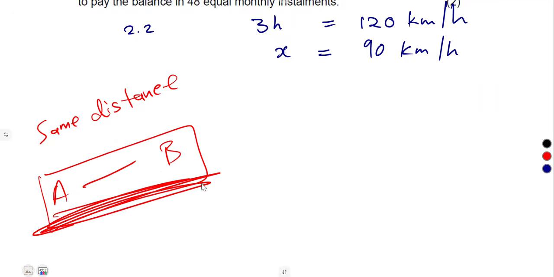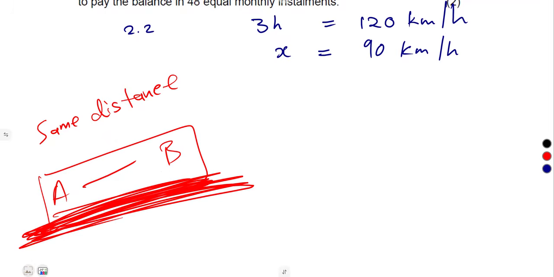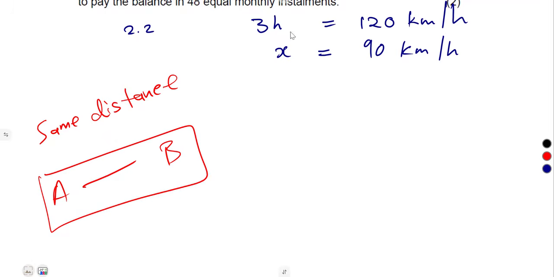But they're covering the same distance. So which one of these two is going to take a lot of time? The one who is traveling at 120 or the one that is at 90? The one that is at 90.